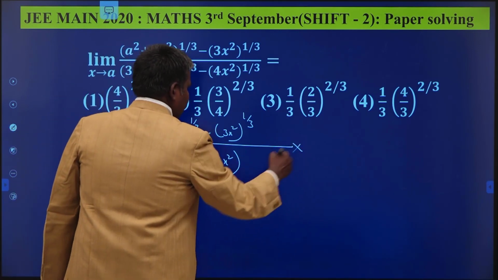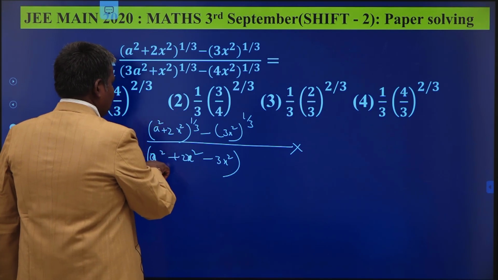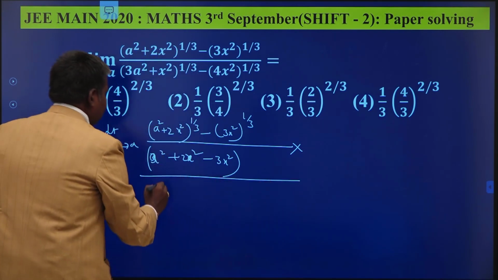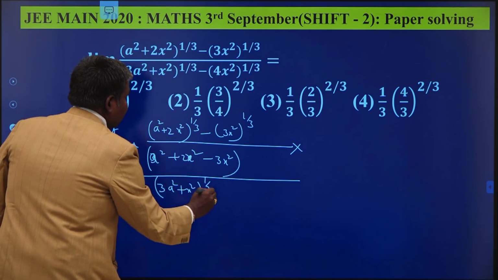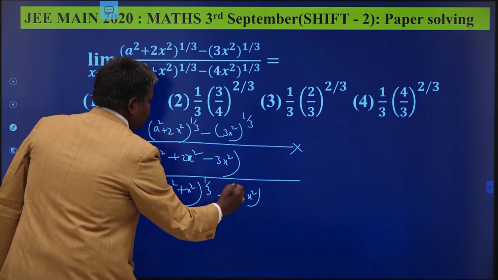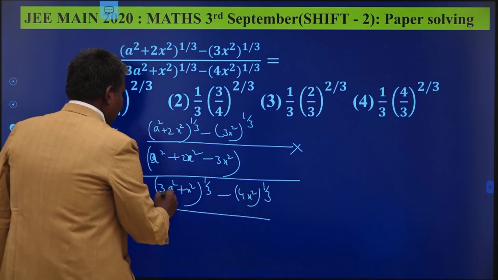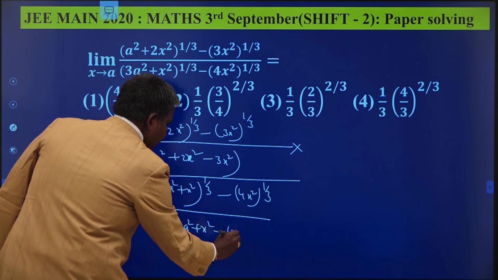So to compensate this one, what I have to write? A square minus x square. Again I am writing whole divided by (3a square plus x square) whole to the power of 1 by 3 minus (4x square) whole to the power of 1 by 3, whole divided by, I am writing, 3a square plus x square minus 4x square.